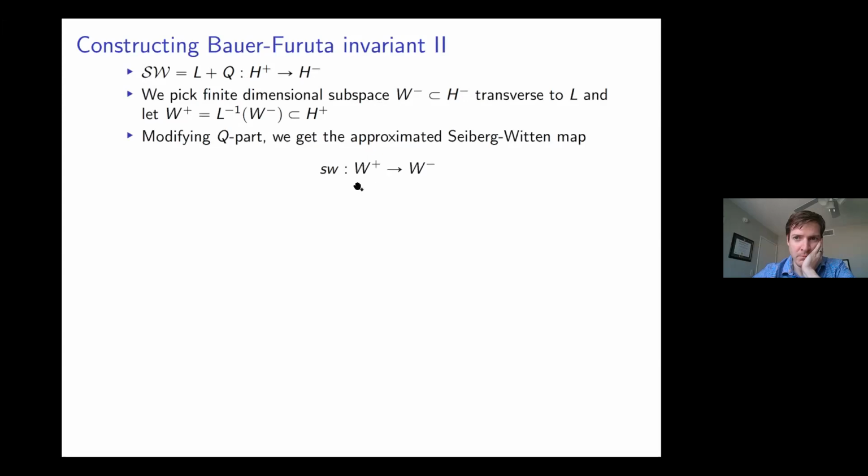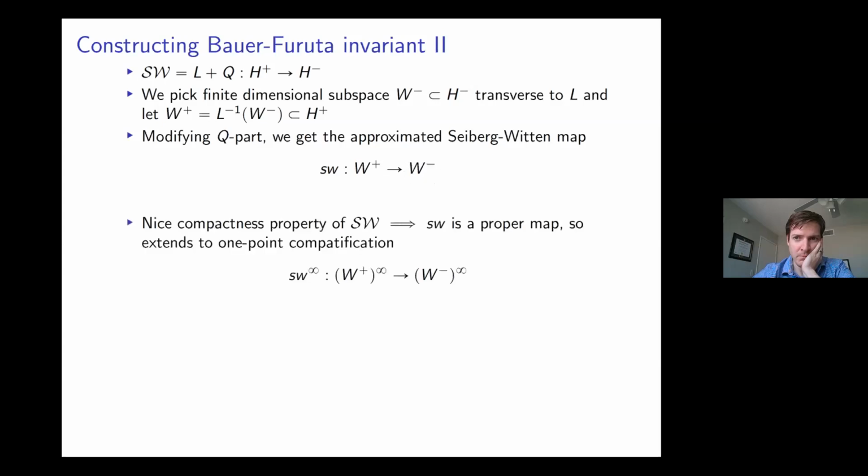It goes from this finite dimensional vector bundle over S¹ to this finite dimensional vector space. Because the Seiberg-Witten equations have a pretty nice compactness property, this little SW is actually a proper map. So we can form a map between the one-point compactifications, namely we just add the point at infinity to both the domain and the codomain. We call this compactified map SW^∞.